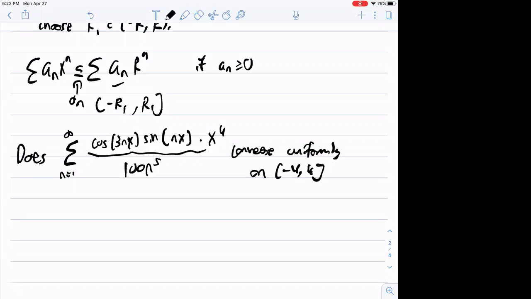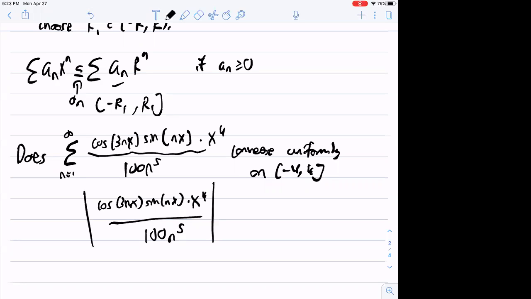Yeah, it is just the M test, because here you have that this thing is bounded. Let me just ignore the series for now. The absolute value of this thing is bounded by what? x to the 4th divided by 100 n to the 5th.